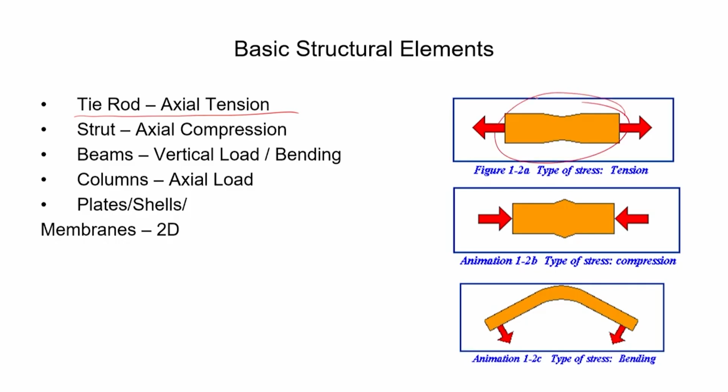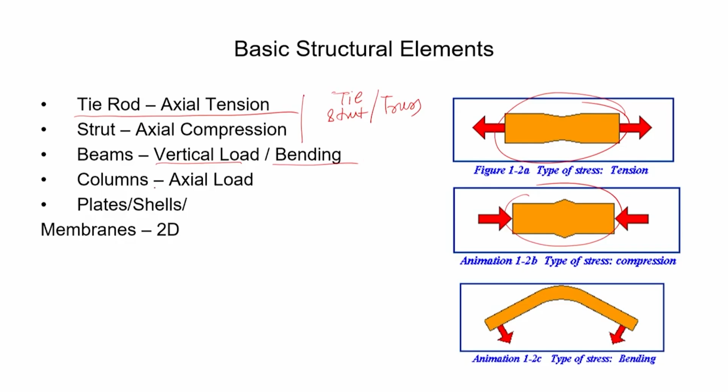Then there is the strut, just the reverse of the tie, which is designed only for compression. So a truss is a combination of tie and strut. And then we have beams. Beams are elements which are designed in a way that they can not only carry the vertical load, but also bending moment.